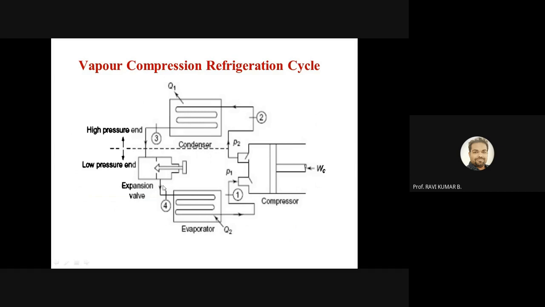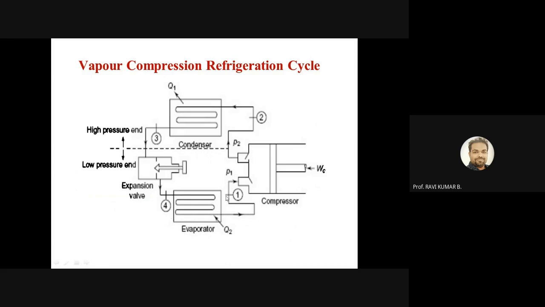After the expansion, your pressure will be lower than atmospheric pressure, and because of that the temperature will also be lower than atmospheric temperature, due to which heat will flow into the evaporator and you will get the cooling effect. You get the cooling effect only here. The capacity of this plant is determined by points 1 and 4.